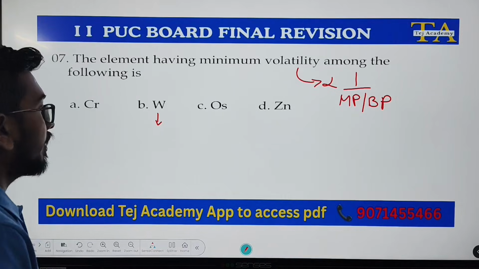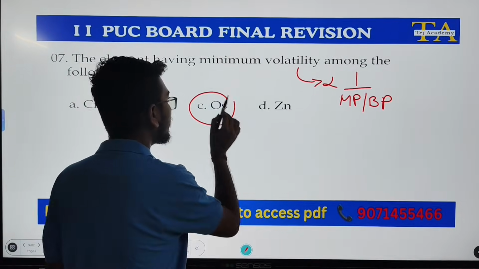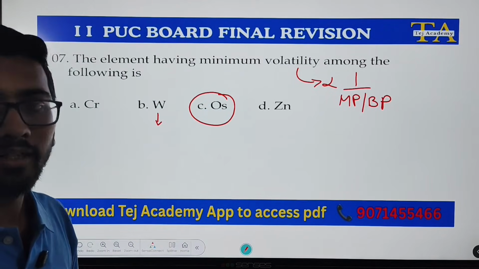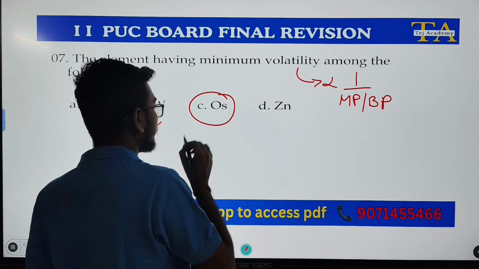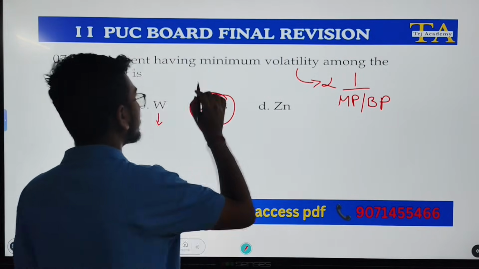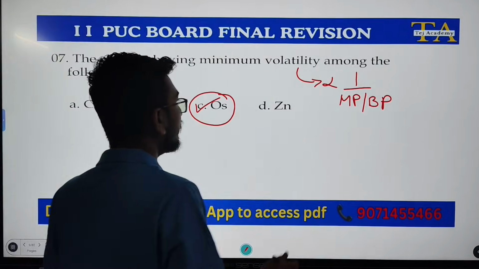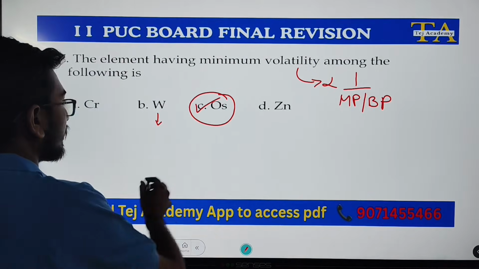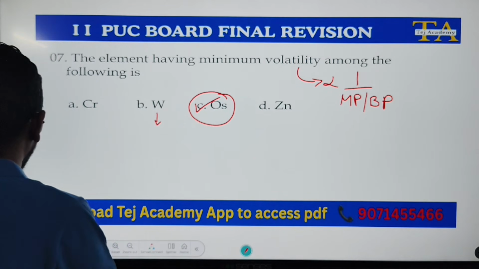But remember, majority of the time we are going to use osmium in our daily life. So as scientists tell, more than tungsten, osmium we are going to use. Because of that, option C is the right answer. The higher the melting point or boiling point, the lower the volatility. So among these four, osmium shows minimum volatility.